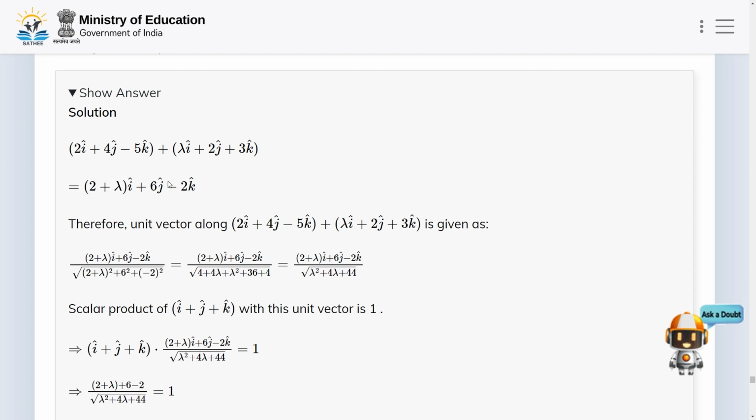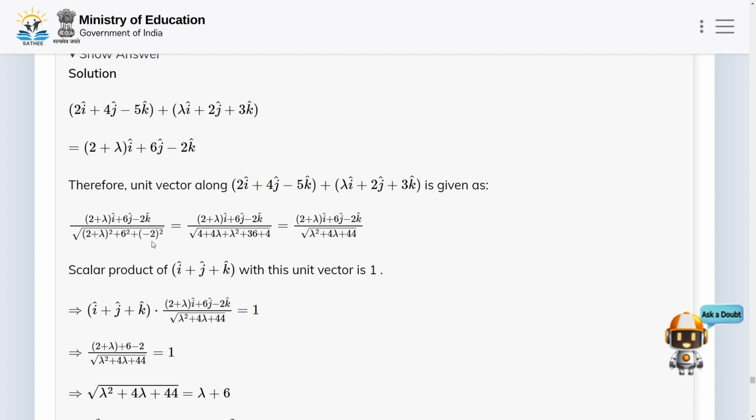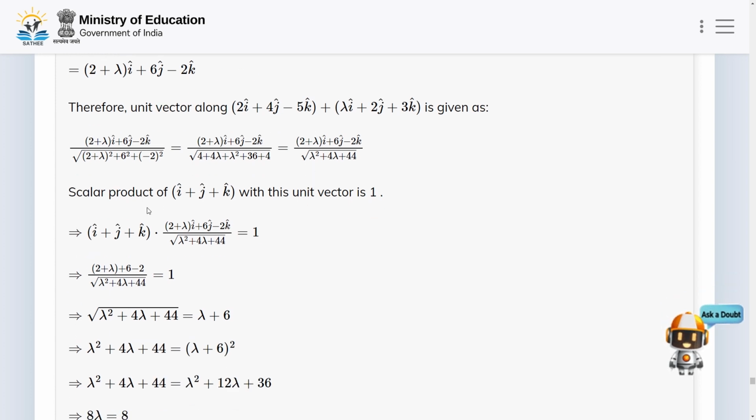Now therefore the unit vector along this vector will be what? Just divide this vector by its magnitude. The magnitude can be found very easily. You will have this as your unit vector. Now, the scalar product of this with this unit vector is equal to 1.